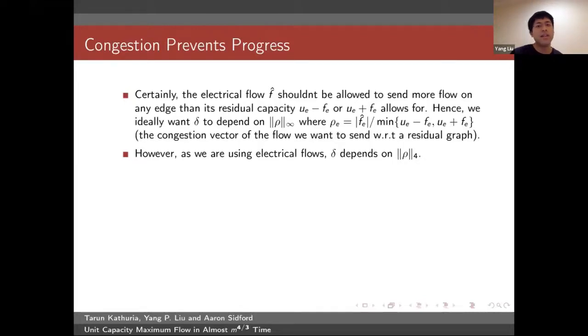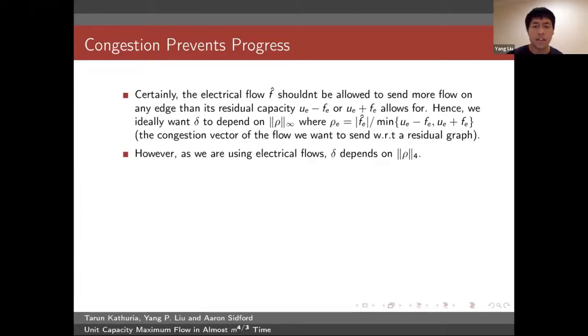So on this previous slide, I said we wanted to advance from v to v plus delta. So our goal is to set delta as large as possible to ensure that we can actually efficiently move from the minimizer at v to the minimizer at v plus delta. There's a couple important things that you need to guarantee this. The first thing is that when I'm adding this induced electric flow, I need to make sure that I'm not violating any capacity constraints.